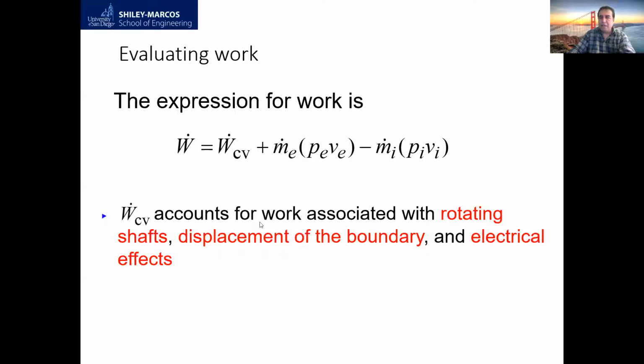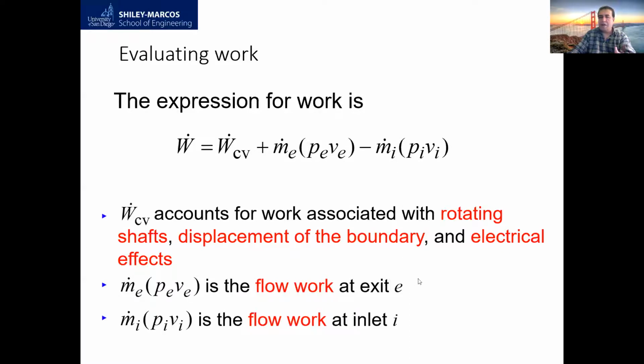W dot CV accounts for work associated with a rotating shaft, or propellers or anything that is going to stir the water and so on, displacement of the boundary, and electrical effects. M dot e Pe ve is called the flow work at the exit. And this m dot i Pi vi, we call the flow work at the inlet.